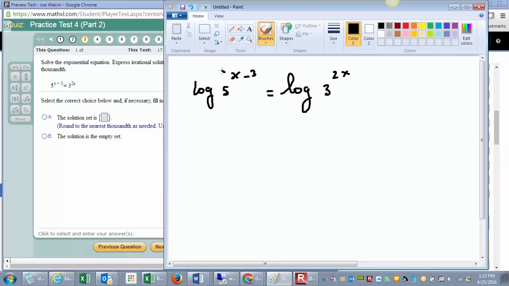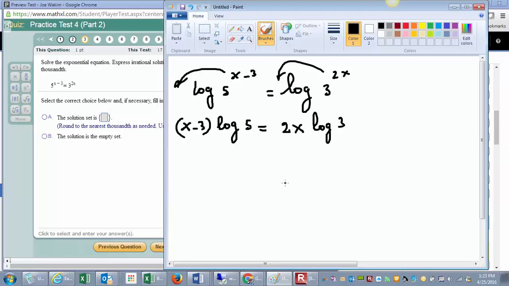Since we can use the power rule to move the exponent here, we're going to have x minus 3 log 5 equals 2x log 3. So we're going to have x log 5 minus 3 log 5 equals 2x log 3. We want to move the x, so this is like a linear equation.